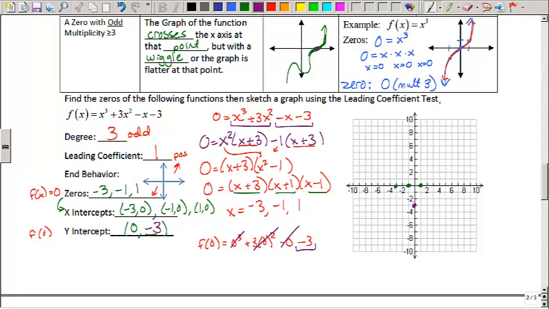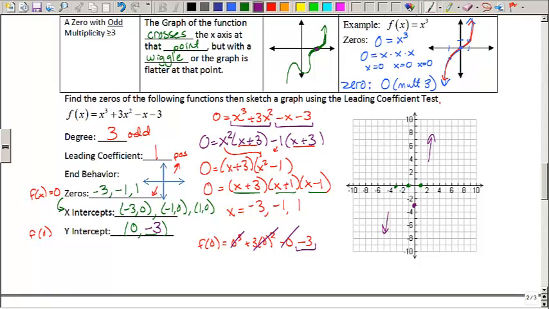It's kind of nice. Alright, now I would like to use my end behavior and sketch the graph using the leading coefficient test. I know that my graph has to be smooth, no jagged edges, no sharp points, no holes. And I know that my end behavior has to go down to the left, yet up to the right.